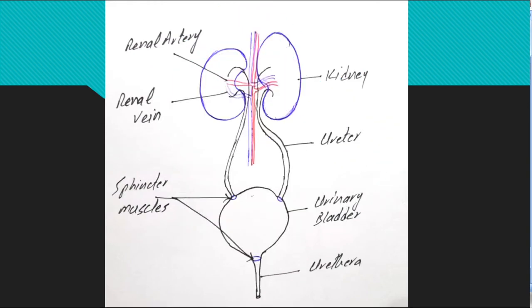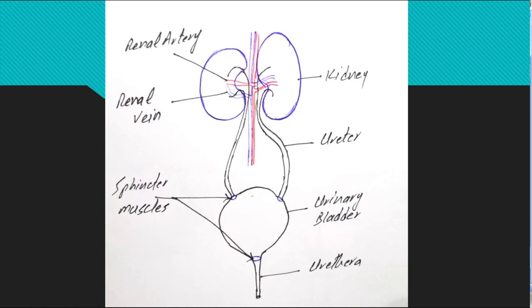Now it is the diagrammatic representation of the human urinary system. In this diagram you can see the pair of kidneys and ureters that emerge from the kidneys and lead to the urinary bladder.